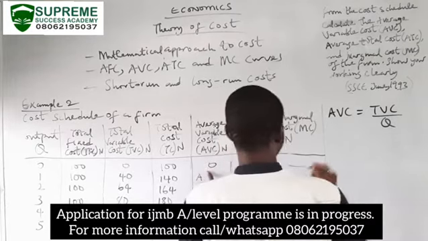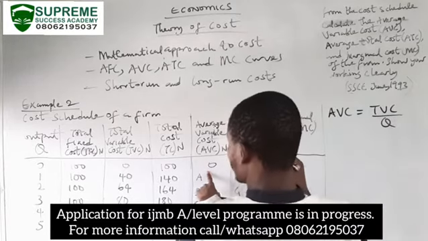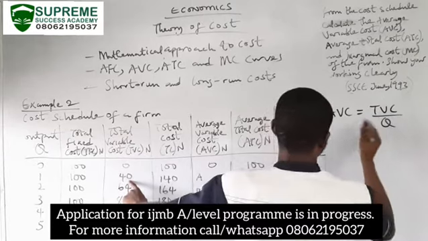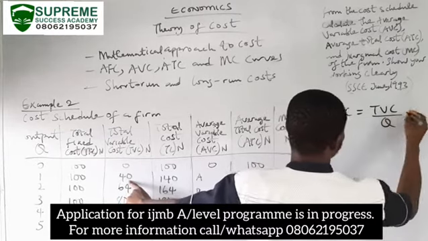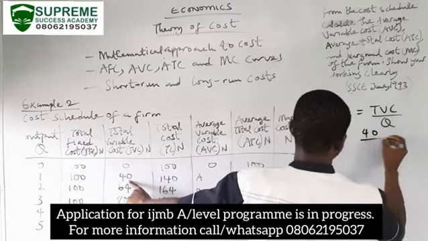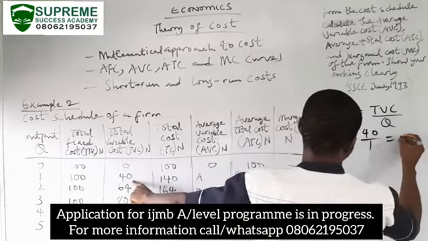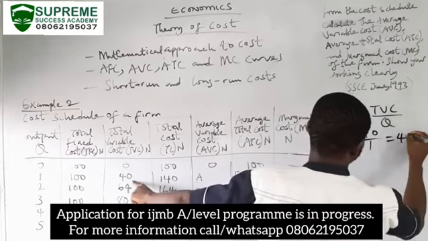For the next one, the total variable cost is 40 divided by the output, which is 1. So the answer is 40.